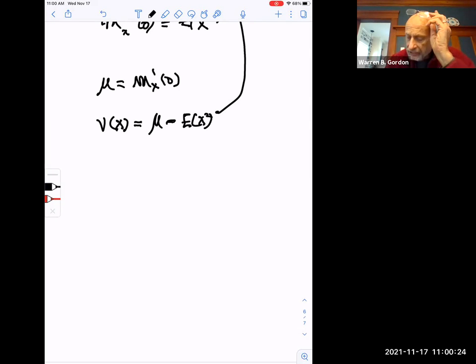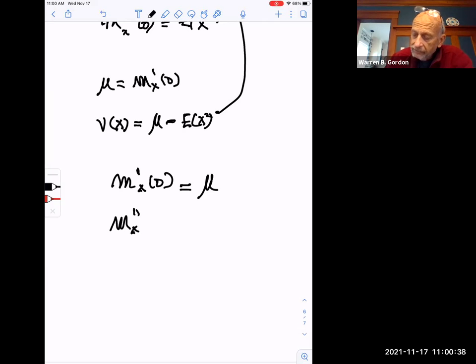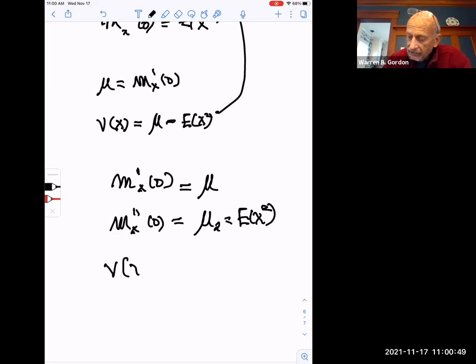If we have the moment generating function, m prime at 0 is the mean of the distribution, and m double prime at 0 is E of x squared, therefore V of x is equal to m double prime of 0 minus m prime of 0 squared.